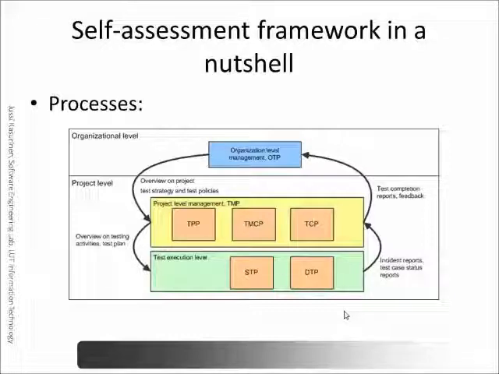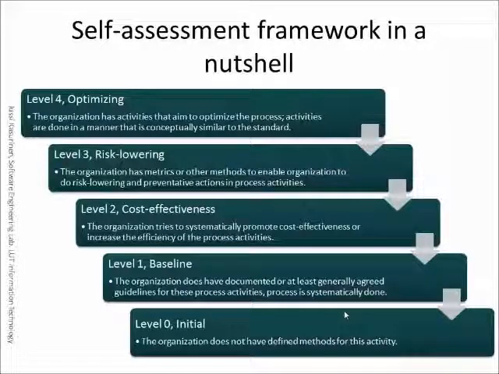Test planning process, test monitoring and control, test feedback process, and different sorts of things to measure from the actual testing work. There's also a fairly simple way to assess the maturity level of these different processes.